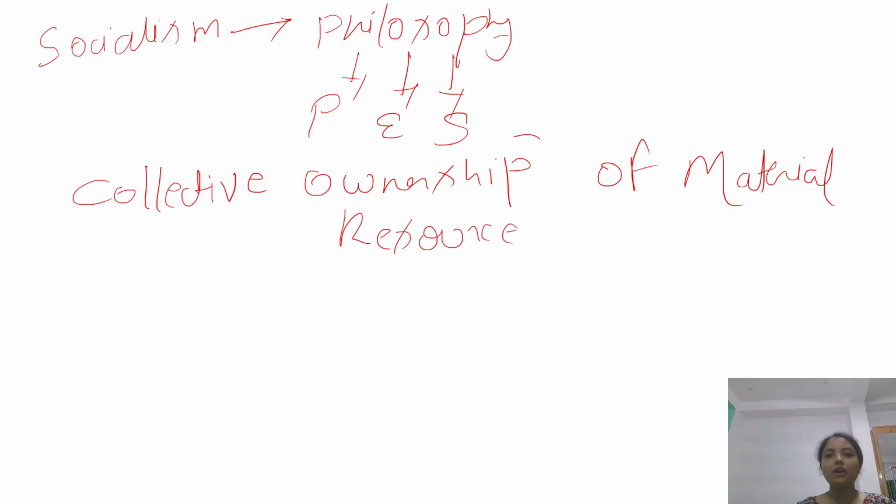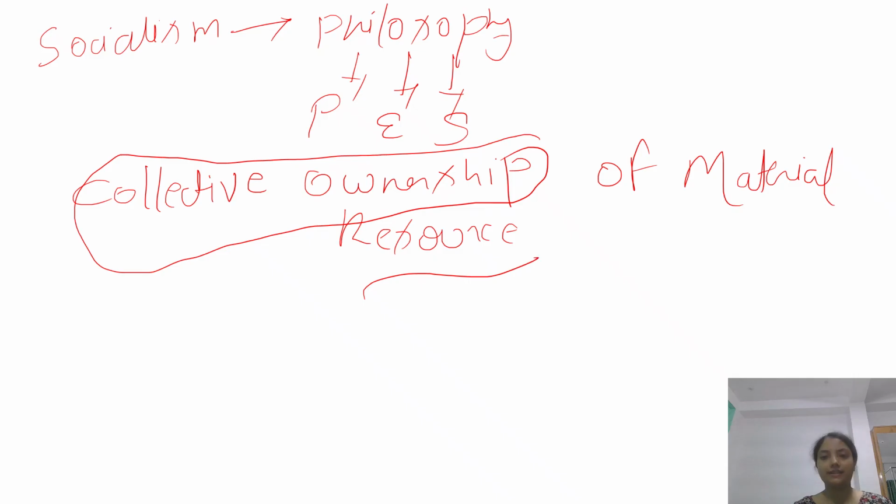The core idea of socialism is the collective ownership of the resources. It is talking about collective control over the economic resources and the production.